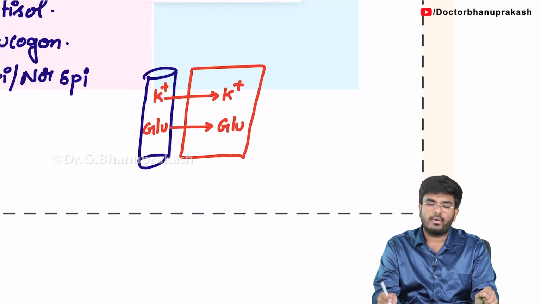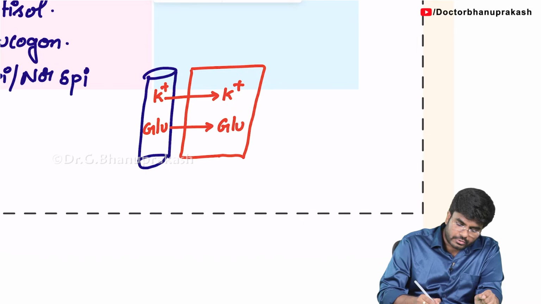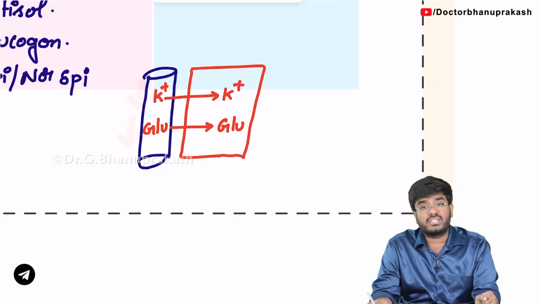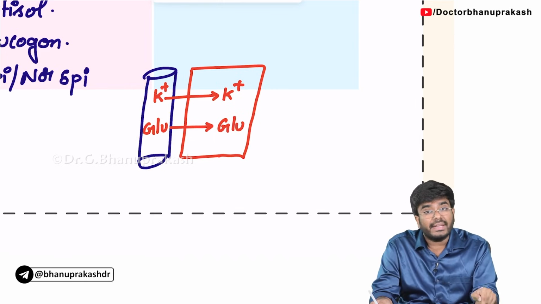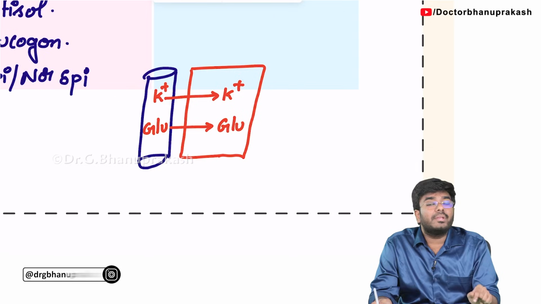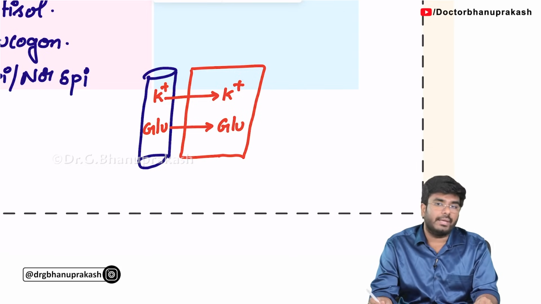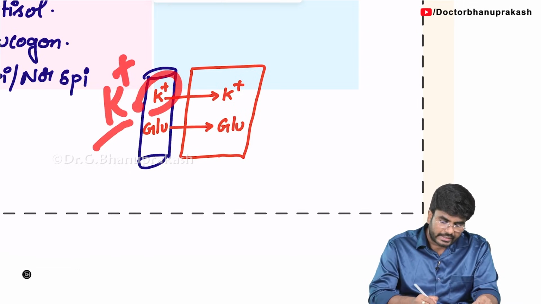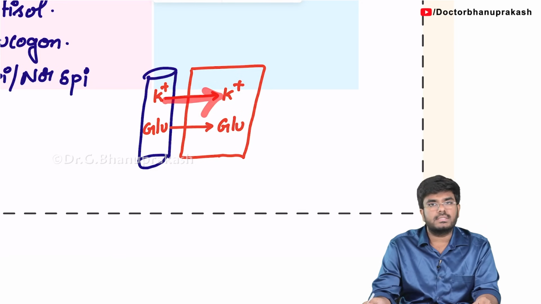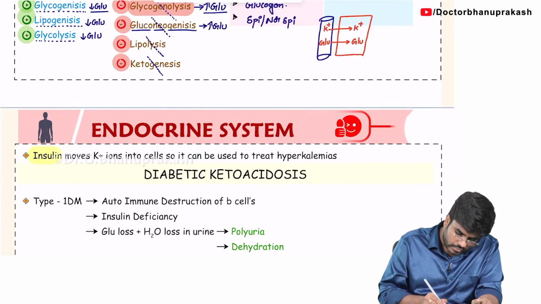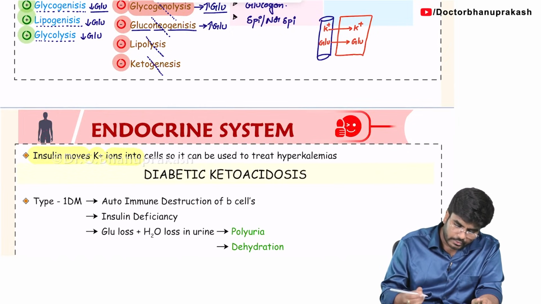Both will occur. So insulin decreases the blood sugar levels, and insulin also decreases the potassium levels. That is the reason why insulin can be used in the treatment of hyperkalemia. Whenever there is more potassium in your blood, you can decrease the potassium by giving insulin, because insulin moves the potassium into the cells.